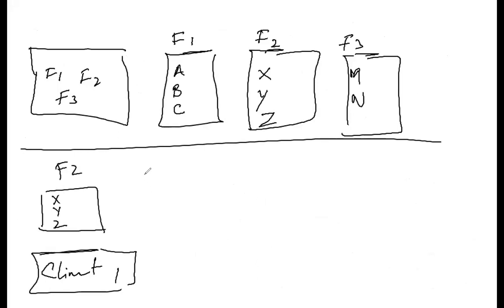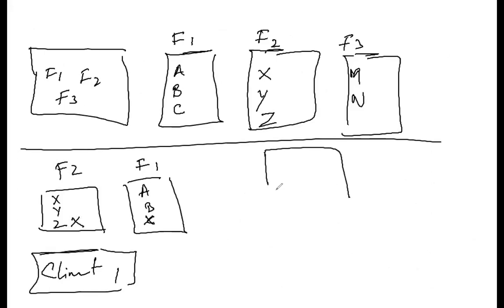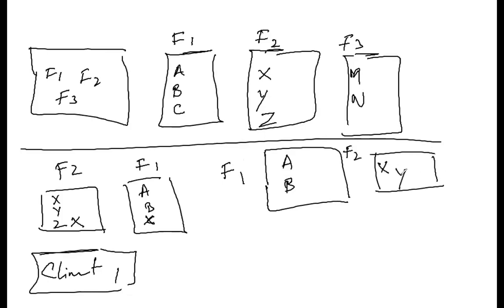And similarly, if he wants to access F1, F1 will have the updated information A, B, C. And now, for example, if client 1 deleted this C and deleted this Z, so the new status of the files at the server will be A, B for F1, and for F2 it will become X and Y. So is it clear? Yes.